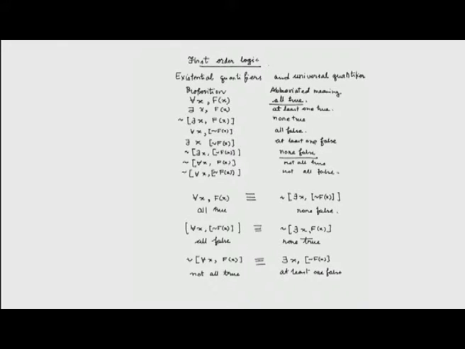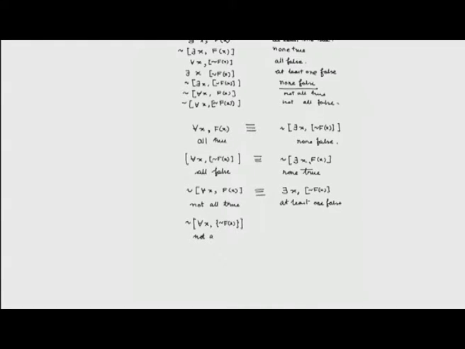Again we expect them to be equivalent, and finally we have not of for all x not of f x, which is not all false, and on the other side we have there exists x f x, that means at least one is true.